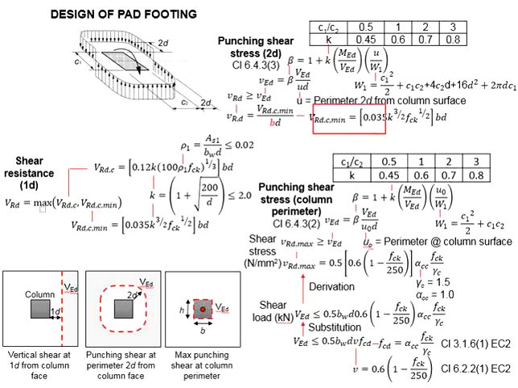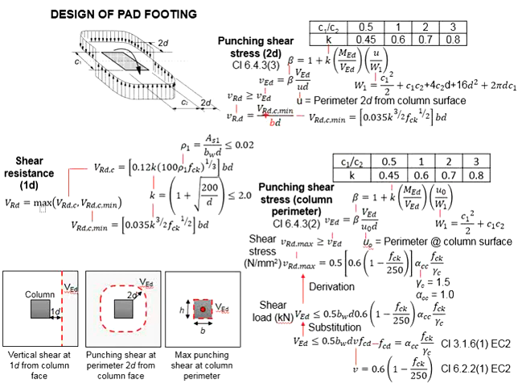Having the VRd,c mean calculated, VRd,c mean is in the form of the load, which is kilonewton. We will need to convert this into the shear resistance in the form of the stress. To do so, we will need to divide the VRd,c mean with bd.